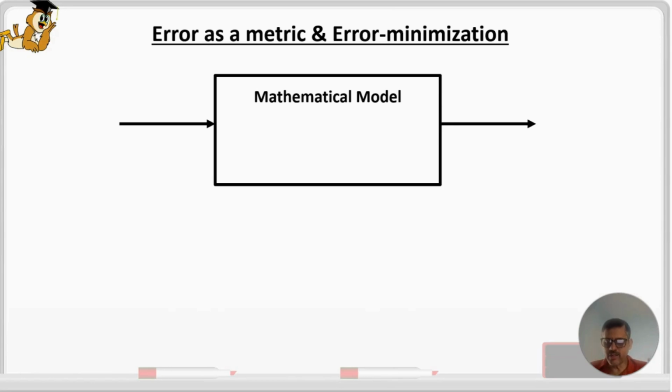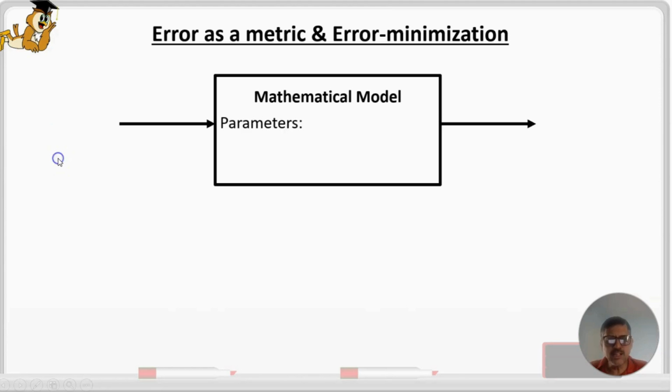You gathered a bunch of training data, which is essentially a combination of inputs and their corresponding outputs, and what you're trying to do is model this input-output behavior using a mathematical model. This is what you're doing most of the time in problems in AI.